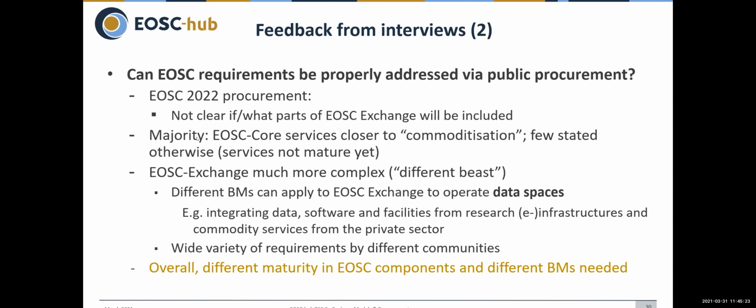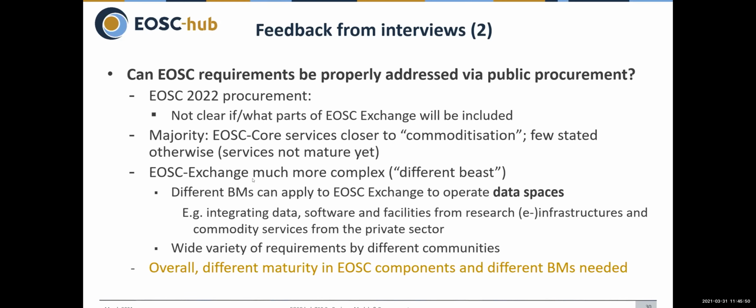Then, to answer the question, the majority said that the EOSC Core is, let's say, closer to commoditization. Of course, not there yet, but it will be easier to move EOSC Core to procurement. But still a few stated that services in EOSC Core are not mature yet for procurement.